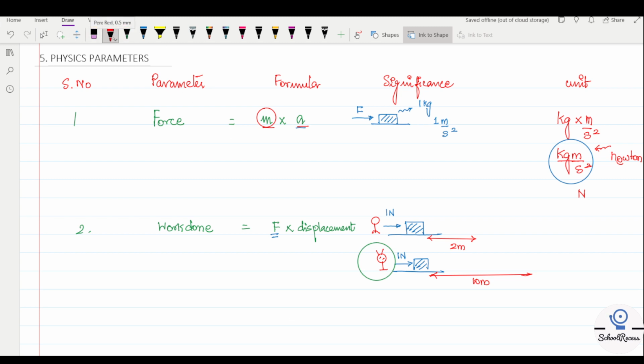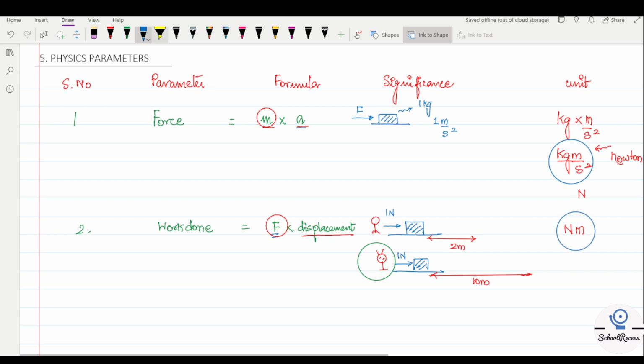Let's write down the formula for work done. So work done, the force unit, we know the unit of force, it is nothing but Newton. Displacement is nothing but the space which they have moved. So the unit of displacement is meter. Subsequently, the unit of work done is Newton meter.